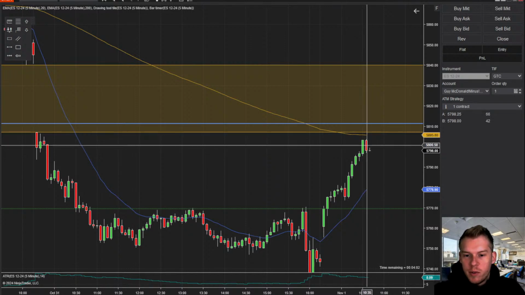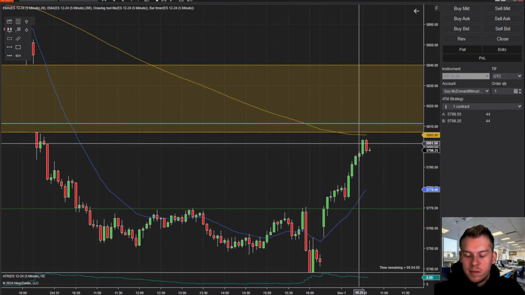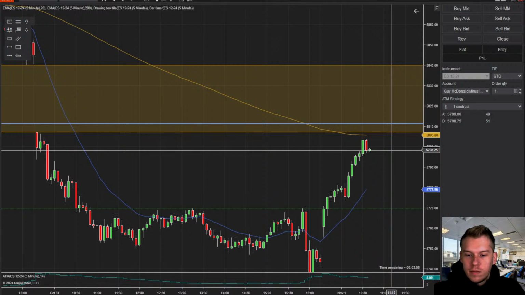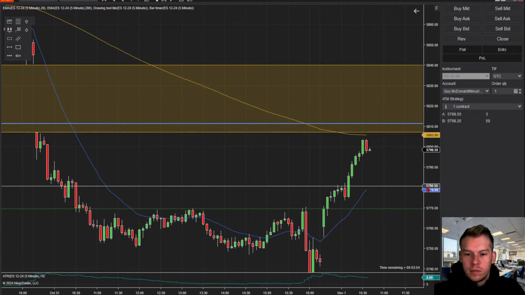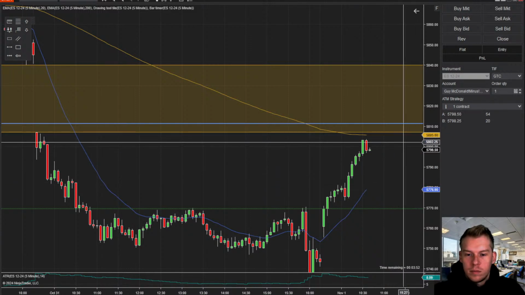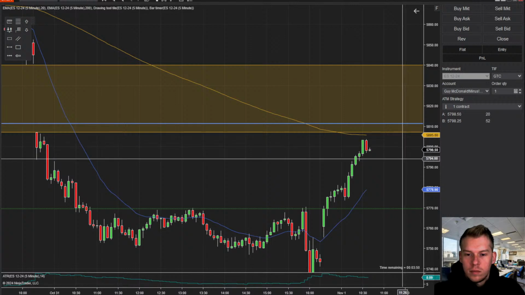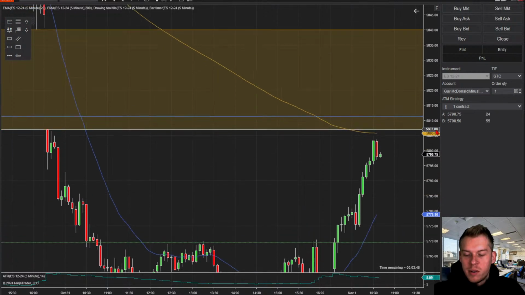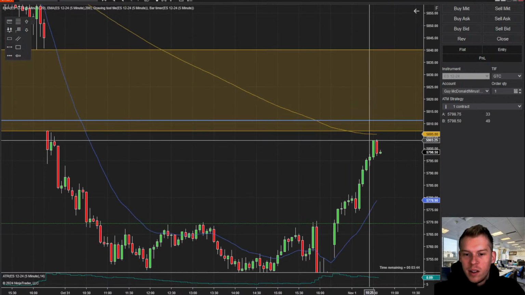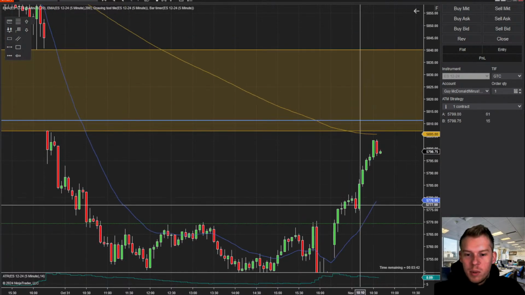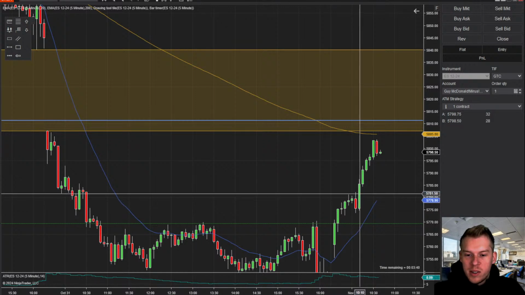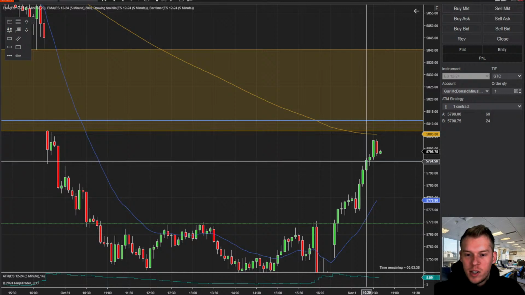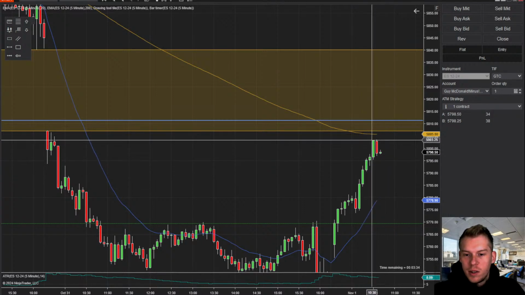This is just the first pullback after this move up. Something we can watch for as well, something else about information that we can collect. When the market's moving up like this, people are buying the close of each of these bars, including this one.